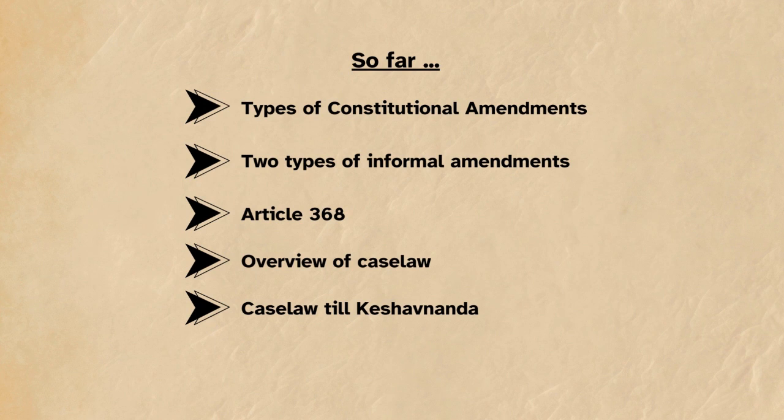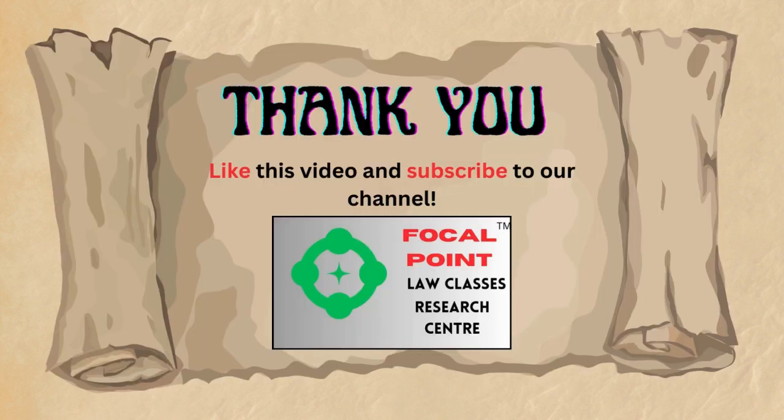Thereafter, we took a look at Article 368 and tried to appreciate the changes that have taken place in Article 368 since it was enacted in 1949. Later on, we got a brief overview of the case law which has been discussed in this lecture. And finally, in this lecture, we have discussed the case law related to the development of Article 368 till the landmark case of Keshavnanda Bharati.